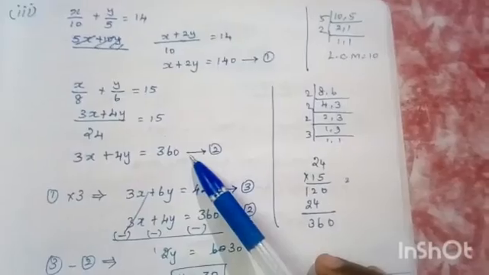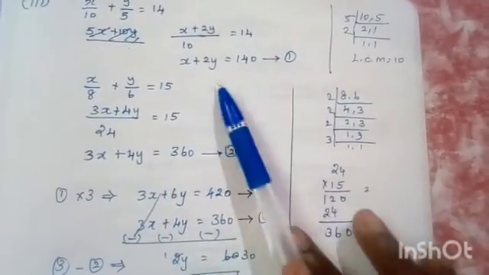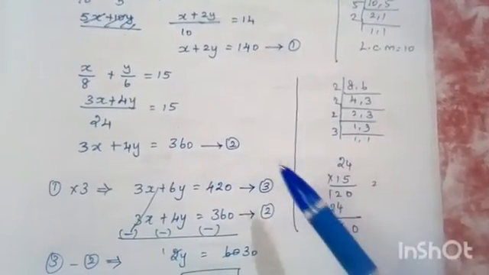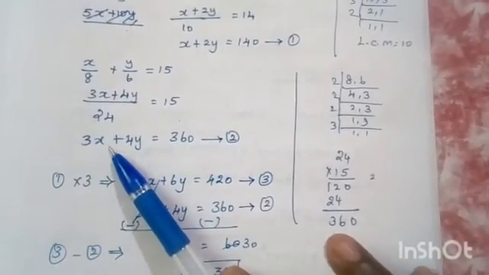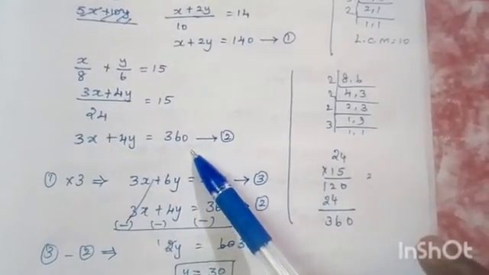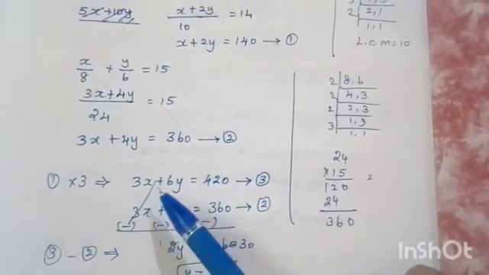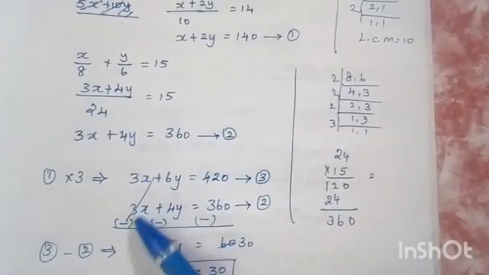Now we have to eliminate x or y. The first equation, multiply by 3. So the first equation becomes 3x plus 6y equal to 420. We call it equation number 3. Now consider the second equation, 3x plus 4y equal to 360. Now we want to eliminate any one of the variables. So now 3x and 3x give the same coefficient, so you have to subtract.